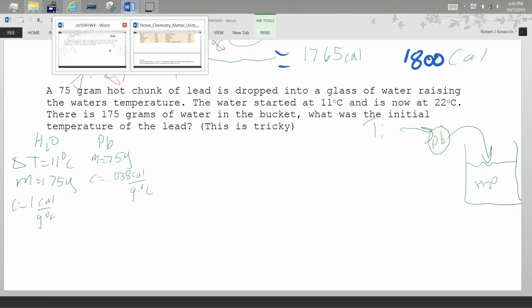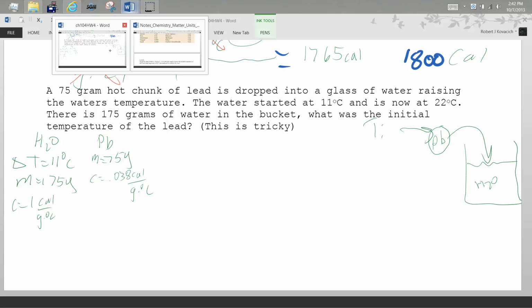But what else do I know from my picture? I know the final temperature of the lead, don't I? Because if it's in the bucket of water and the final temperature of the water is 22 degrees, then the lead is 22 degrees.